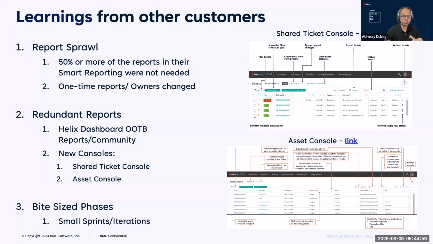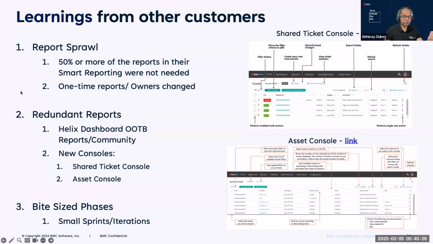So either they move out of the organization or move to a different part of the organization, and they are no longer interested in the report. And also, this is more important when the report is marked private. So if you have a report which only they were looking at, and they are no longer using it, then that's another good candidate for taking the report out from the migration list.